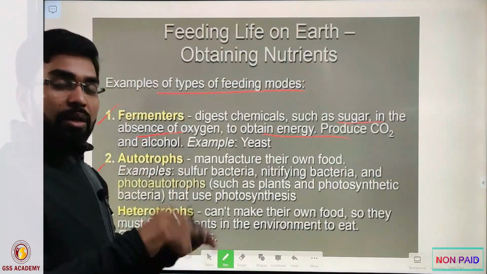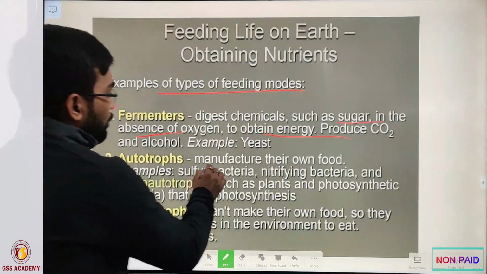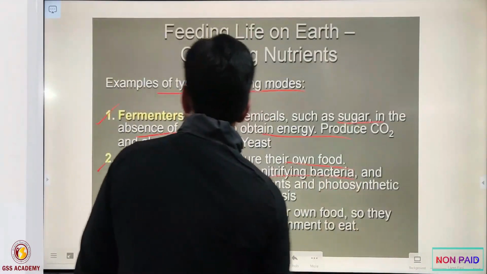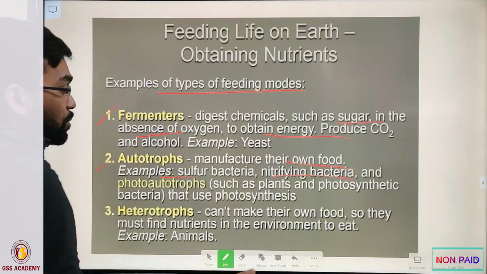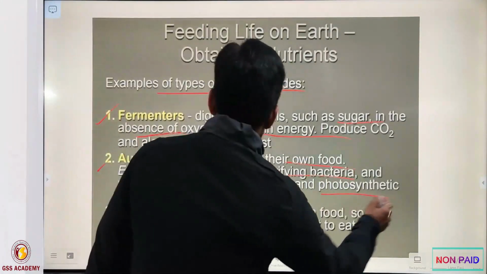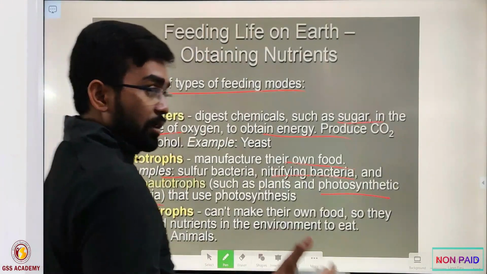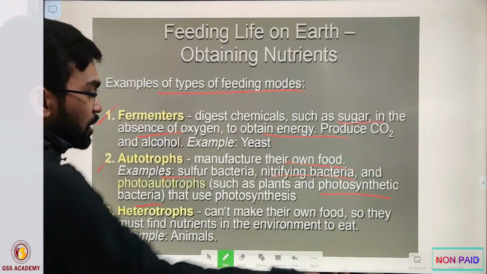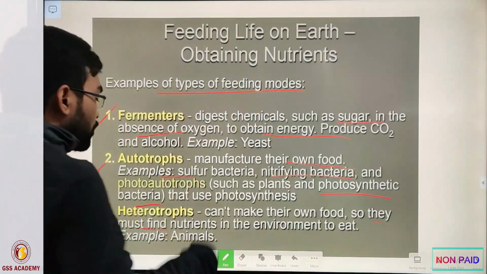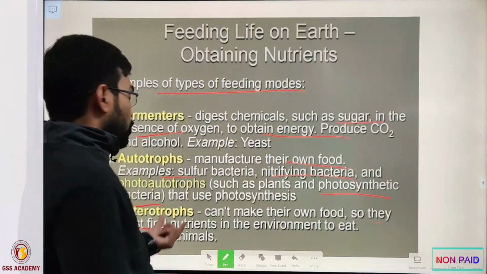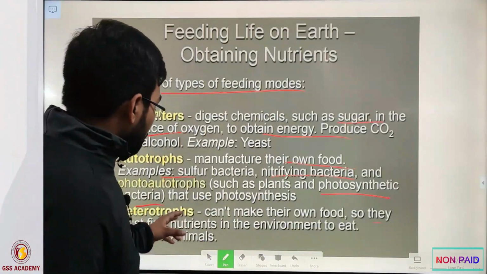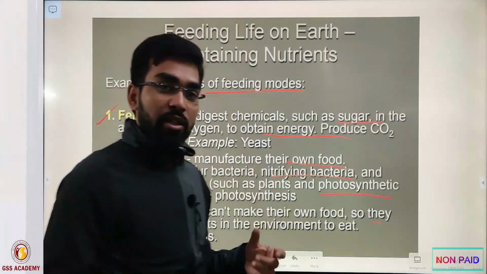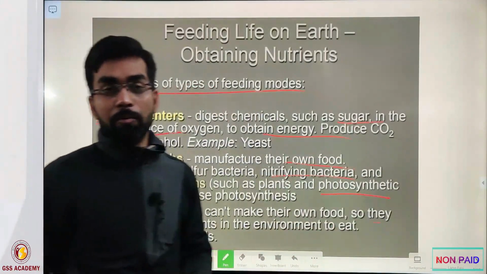Autotrophs can build their foods by themselves, manufacturing their own food. Examples are sulfur bacteria, nitrifying bacteria, and photoautotrophs such as plants and photosynthetic bacteria like cyanobacteria. The third one is heterotrophs, which can't make their own food, so they must find nutrients in the environment to eat. Prokaryotes are generally heterotrophs in nature, so they are dependent on others.